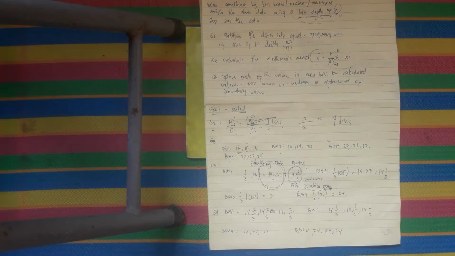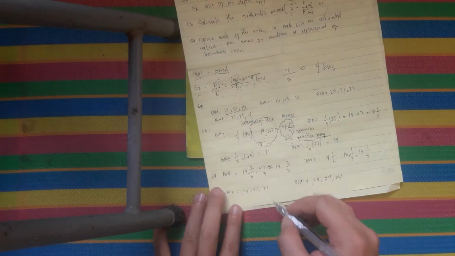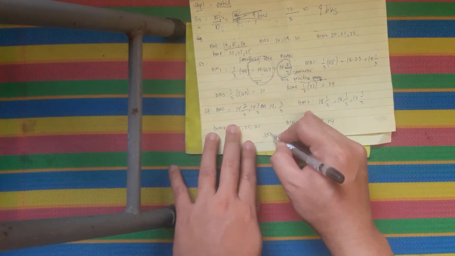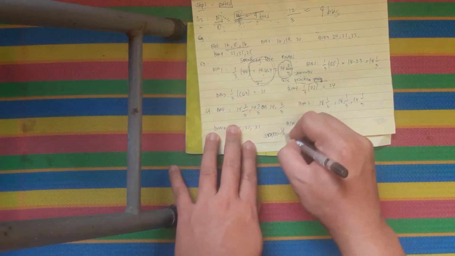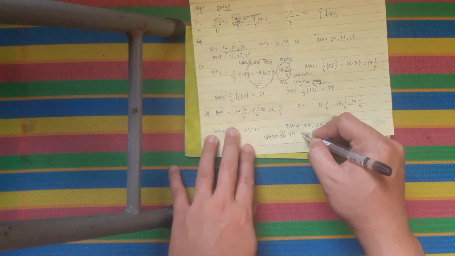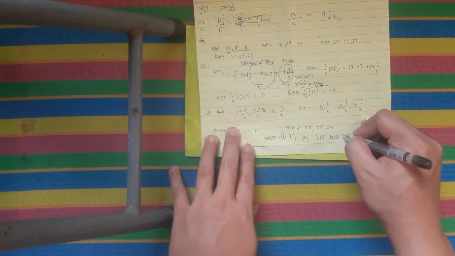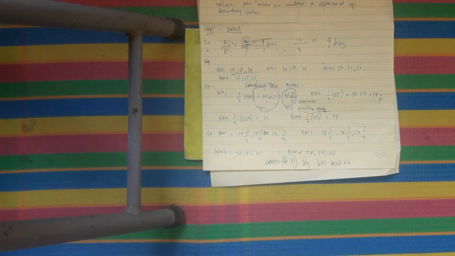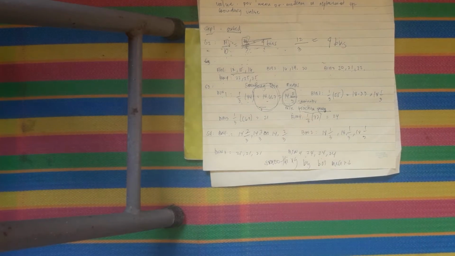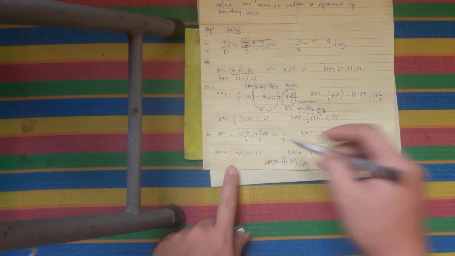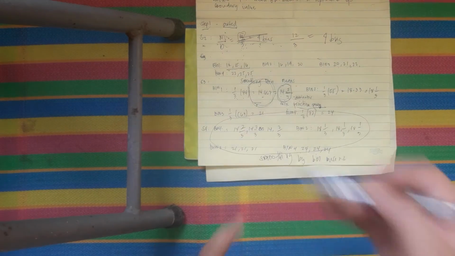Bin 4 is 24, 24, 24. So this is the smoothing by bin means.